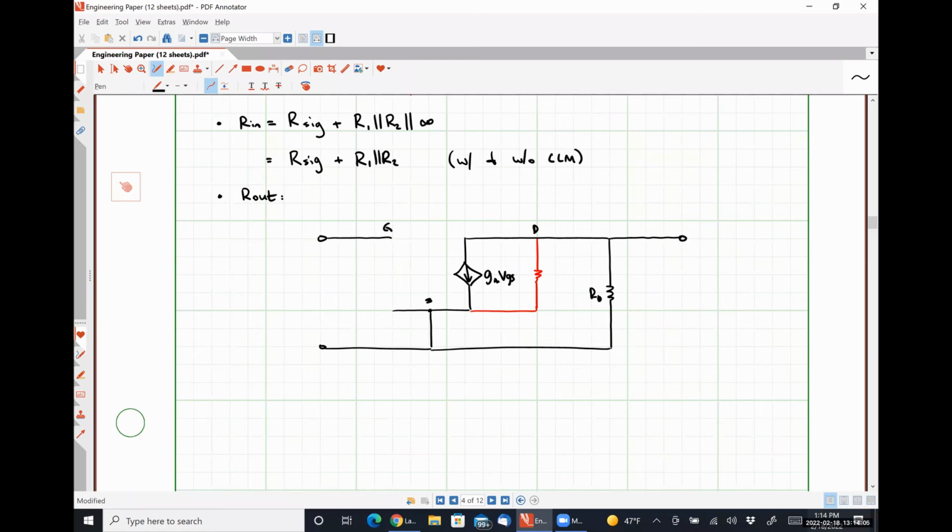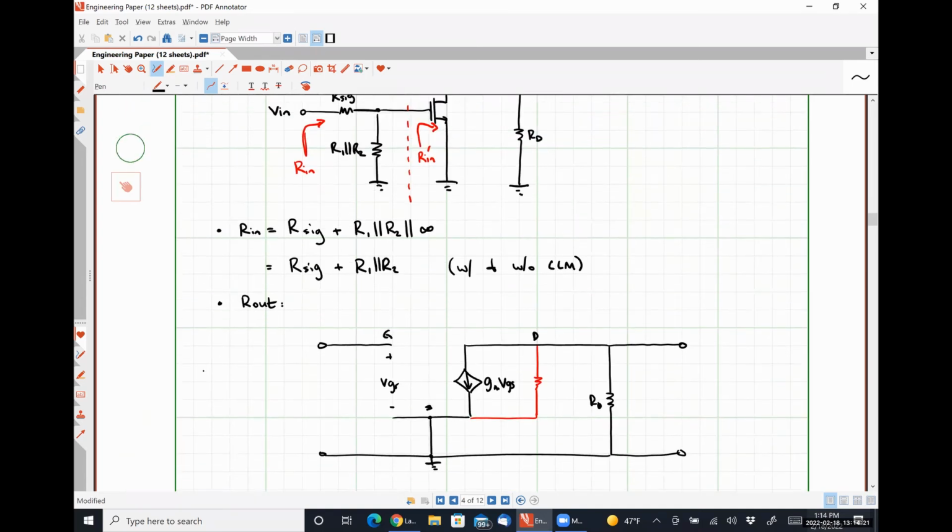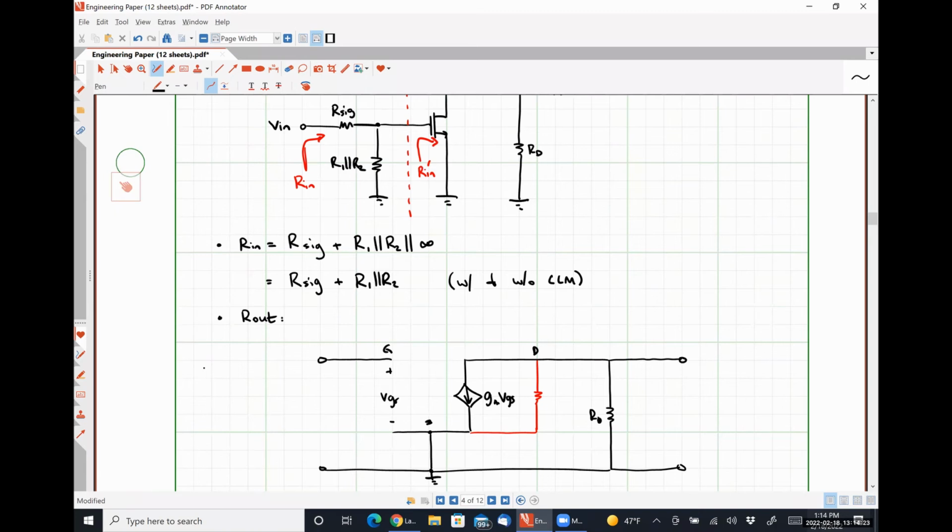Over here are my output terminals, which we'll connect something to in a moment. This is VGS. This node is ground. Okay, so when we're determining our small signal equivalent between the gate terminal and ground, we have this parallel combination of R1 and R2 for sure.